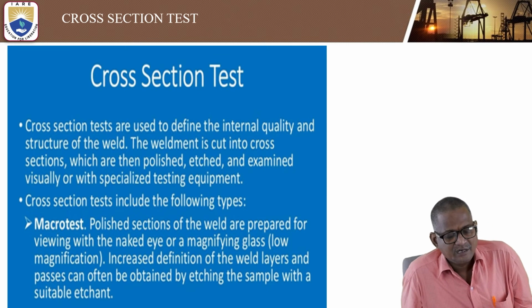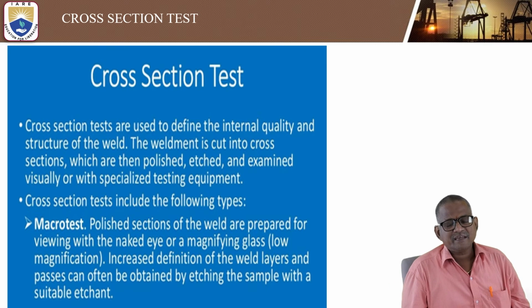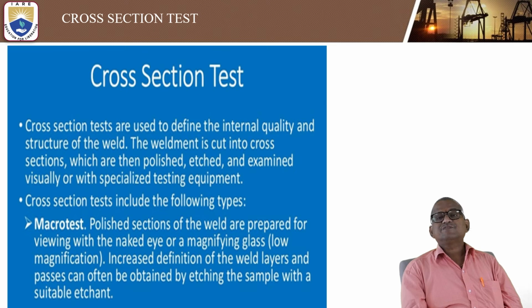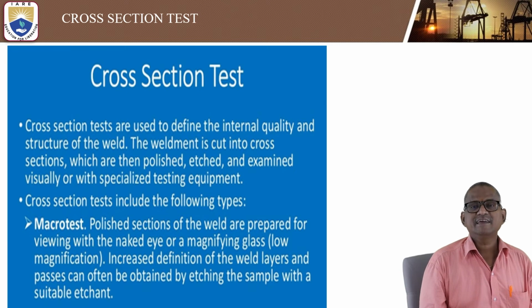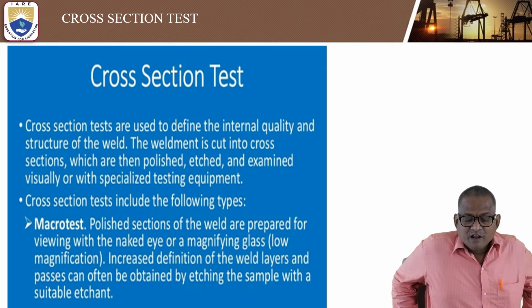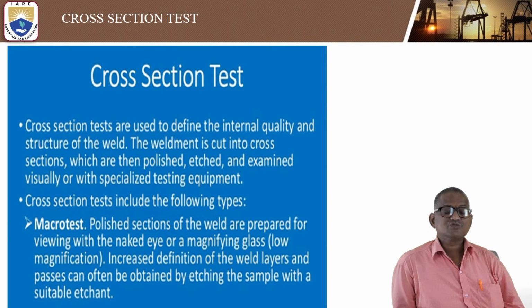Macro test means some finishing is already there. The sections are viewed with the naked eye or a magnifying glass at low magnification, giving increased definition of the weld and weld layers. Passes can often be obtained by etching the sample with a suitable etchant.